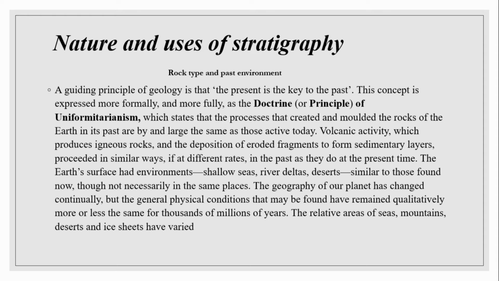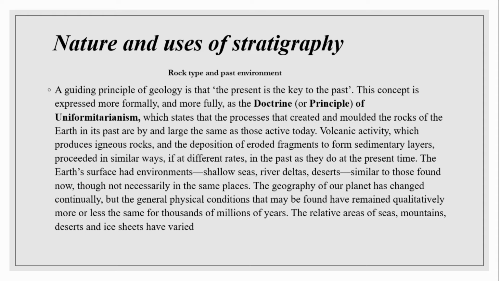The Earth's surface had environments, shallow seas, river deltas, deserts, similar to those found now, though not necessarily in the same places. The geography of our planet has changed continually, but the general physical conditions that may be found have remained qualitatively more or less the same for thousands of millions of years.